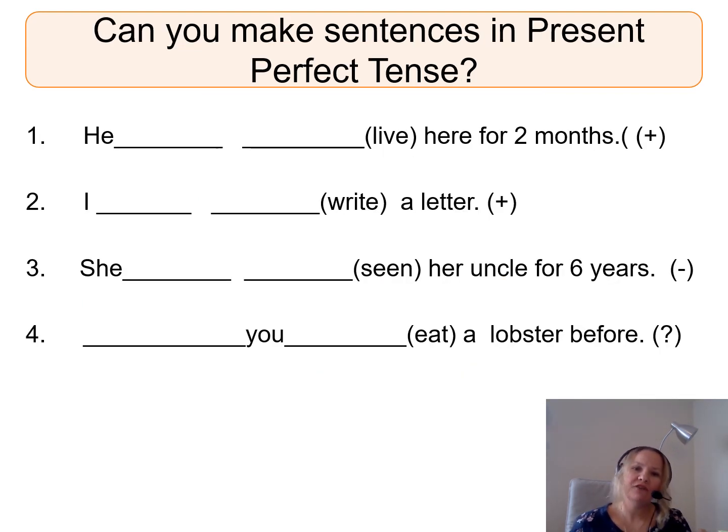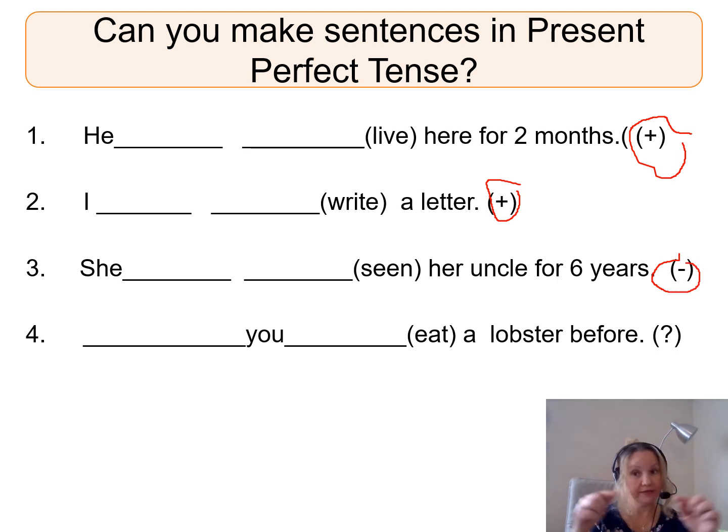I have 4 questions for you. Can you help me to make the first sentence? The first one is a positive sentence. And number 2 as well. Number 3 is a negative sentence. Remember, minus, negative.